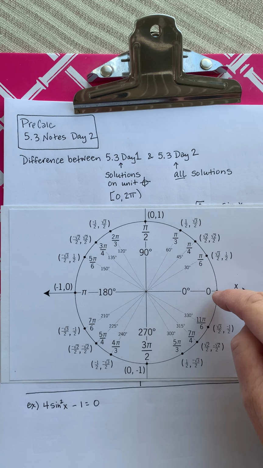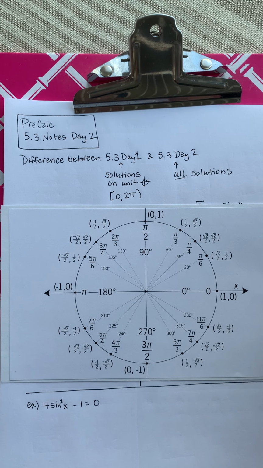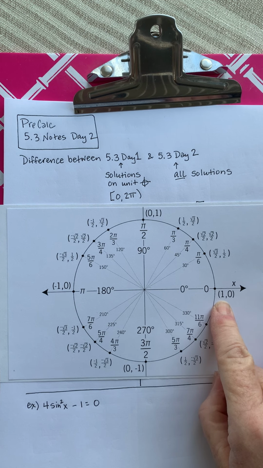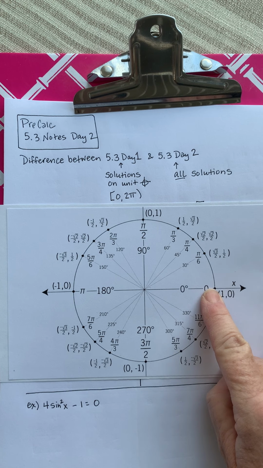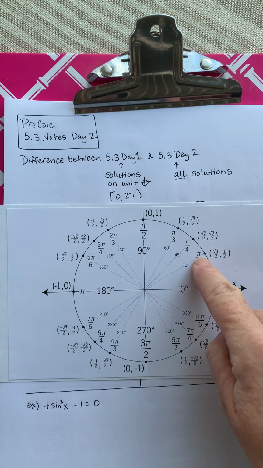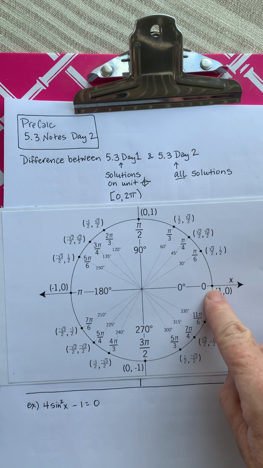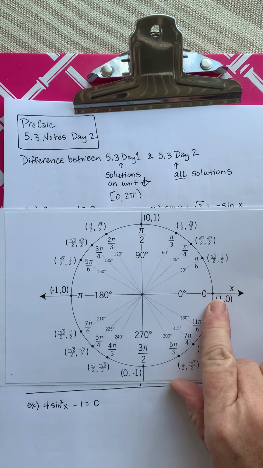If you think about it, let's say that our answer was 0. We came up with the cosine of x is equal to 1. That's this point right here, which is 0. So that means this is true at 0, but it's also true at 2 pi and 4 pi and 6 pi and 8 pi and so on.